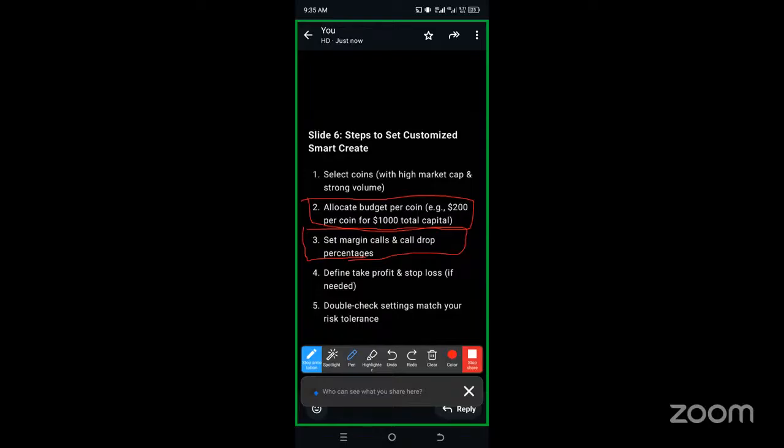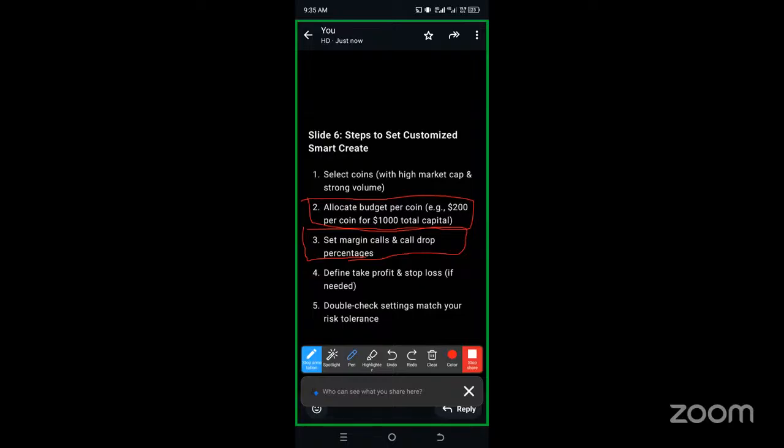Manage capital. Because in margin call, it's where we buy more stocks. And in a drop, it is where we predict market drop. And when the market drops, it is where floating loss is generated. So now, we have seen that customized Smart Create helps to reduce floating loss.